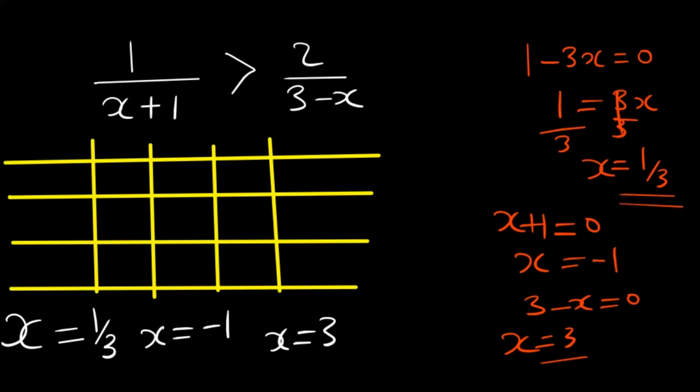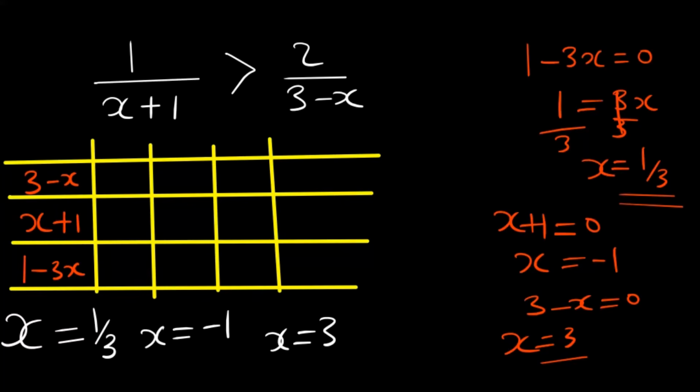Okay, like this. So which equations gave us these? So we had the equation 1 minus 3x. We had the equation x plus 1. We had the equation 3 minus x.